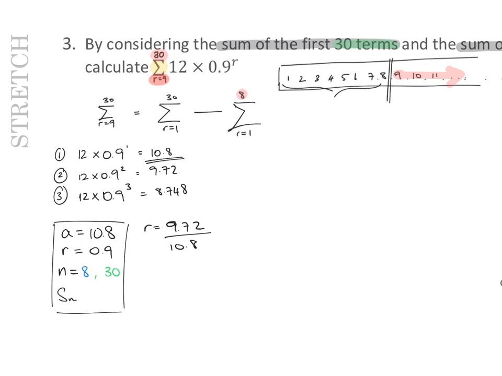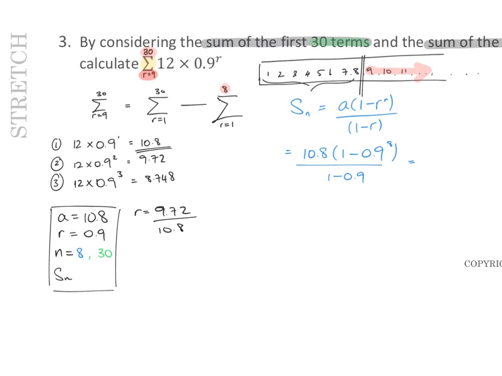And we are looking at the sum. This is a sum of a geometric series, so we have our formula given in the formula booklet. So the sum to 8 terms is a times 1 minus r to the n over 1 minus r, and that is 61.5095... And then we are going to do the sum to 30.